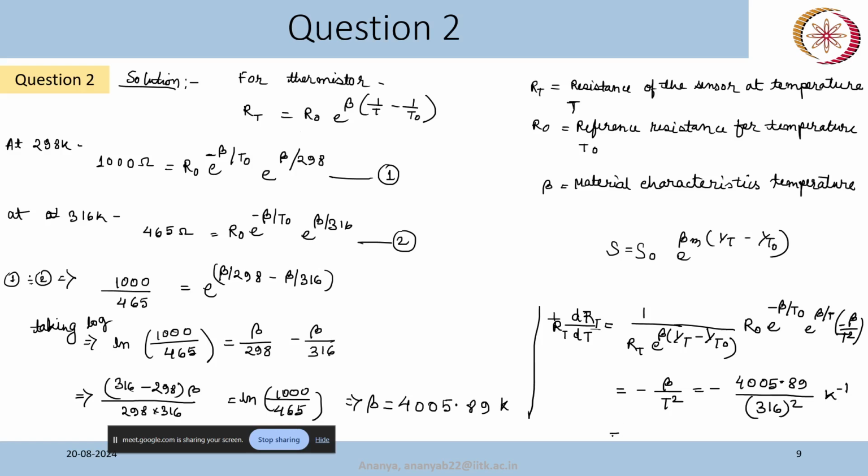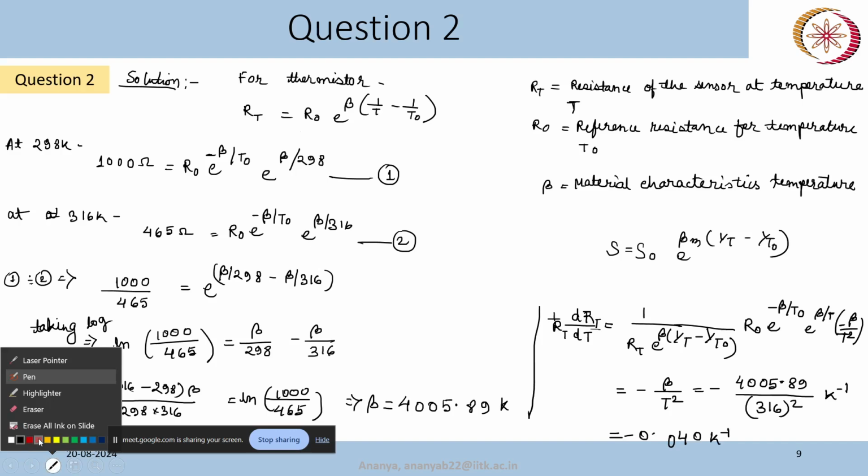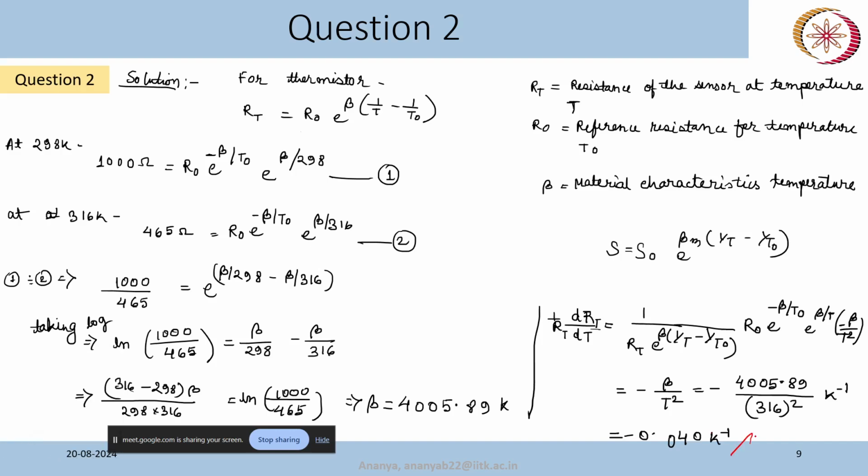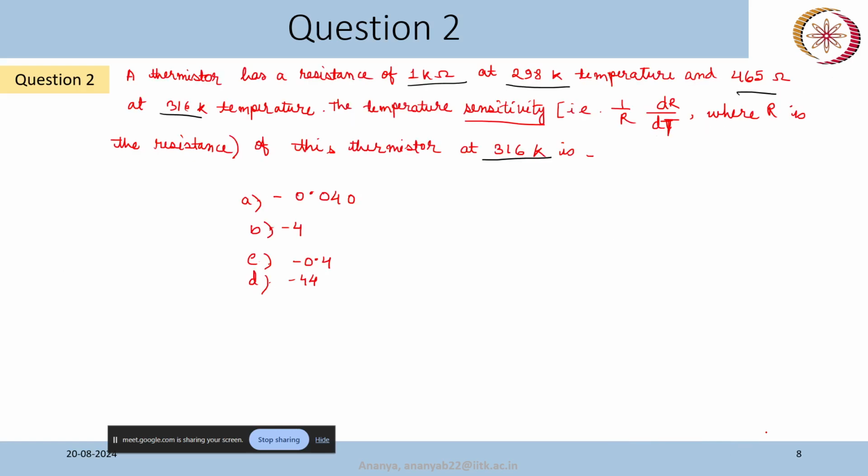Okay, so what will be the value of our sensitivity at 316 Kelvin? 4005.89 divided by 316 square. This is minus 0.040 Kelvin inverse. This is our output answer.